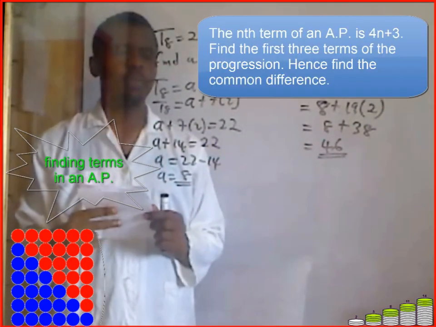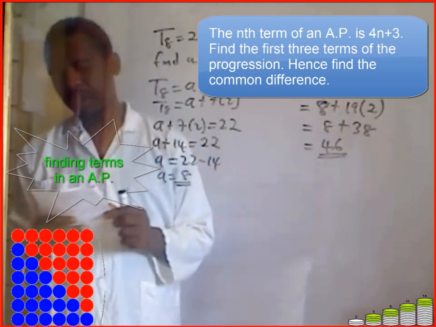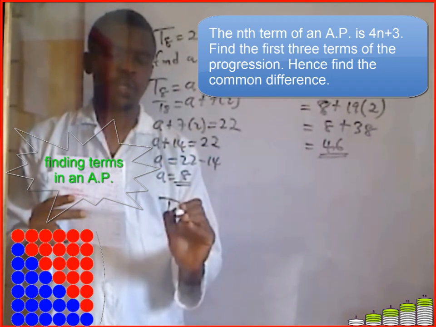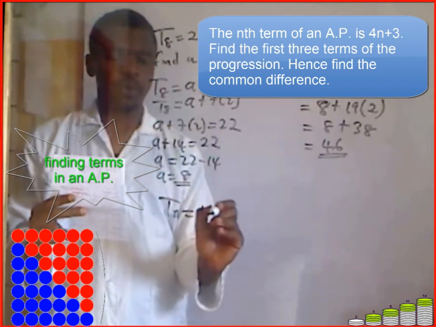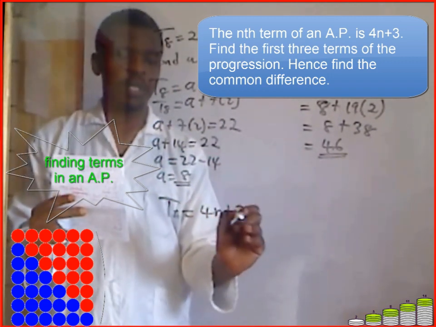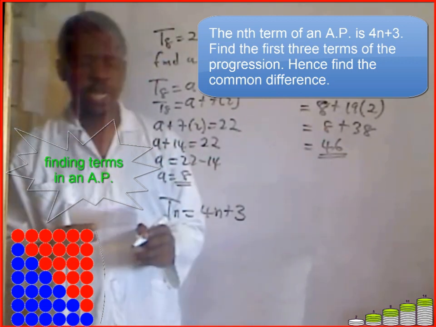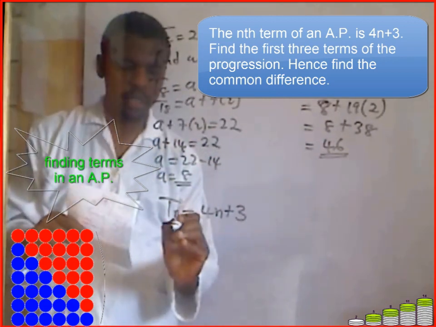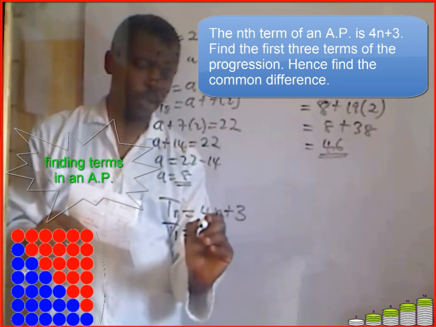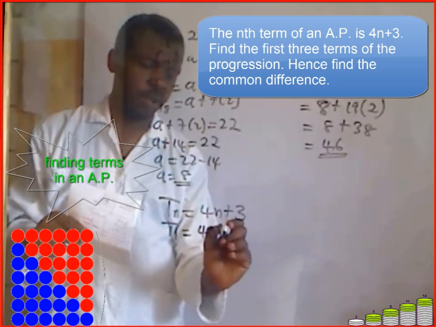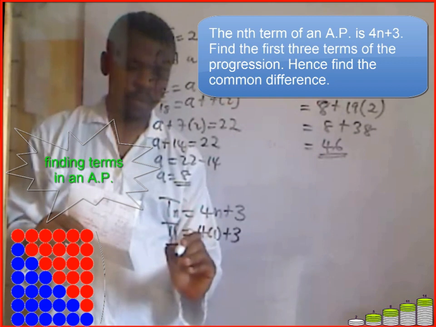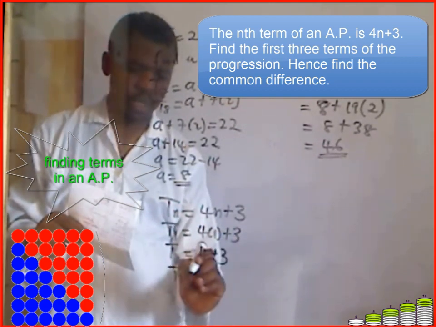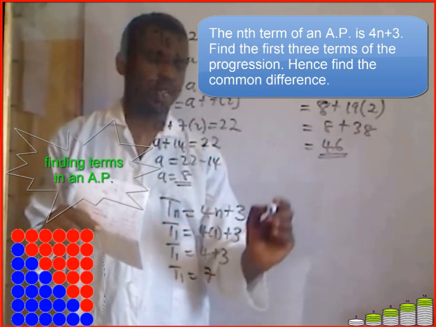Given this other problem here, our general term has already been stated, which is T to the n is equal to 4n plus 3. We have to look for the first term, second term, and third term. T1 will be equal to 4 times 1 plus 3. T1 will be equal to 4 plus 3. T1 is equal to 7. What is T2?